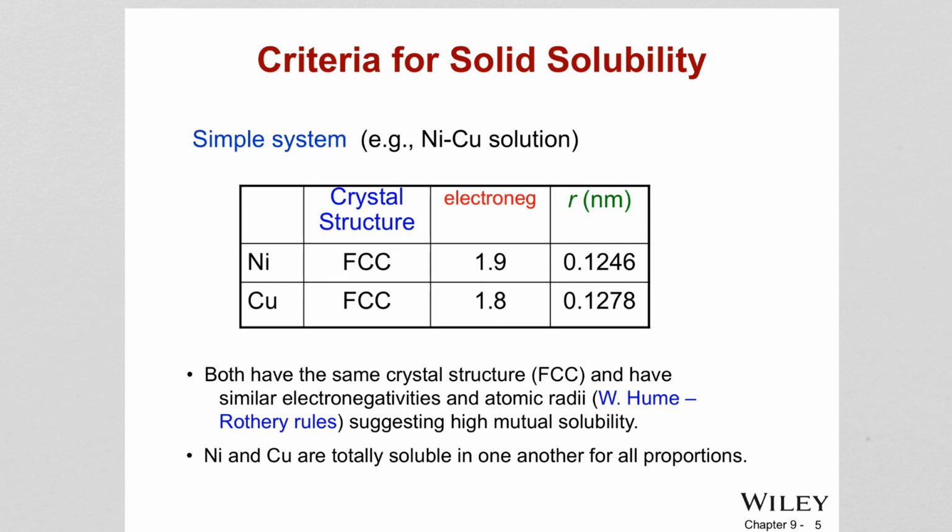In fact, nickel and copper are totally soluble in one another for all proportions. So it doesn't matter what composition you have, they can dissolve in each other at any composition. This is a binary system, and it is represented by binary phase diagrams.